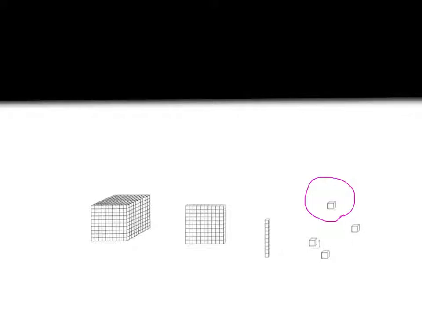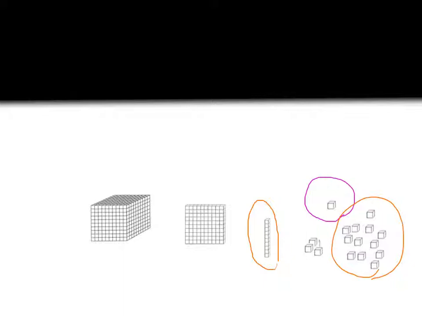When we get 10 of these blocks together, 1, 2, 3, 4, 5, 6, 7, 8, 9, 10, we can replace these 10 ones for one 10 block.